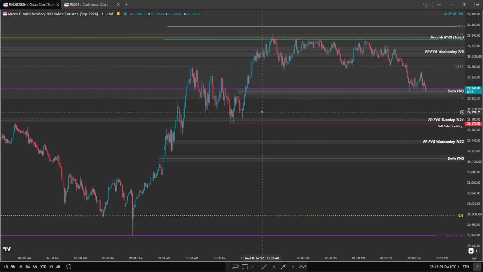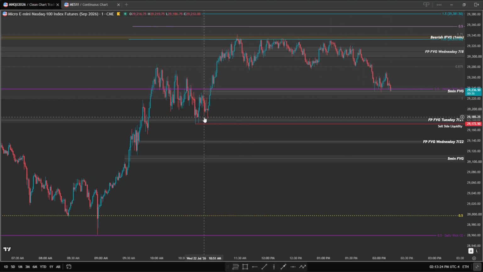For whatever reason, I feel more comfortable trying to get in reversals than I do continuations, but reversals are harder, but they feel safer. So that's probably some sort of psychological block that I have. But that's really nice.